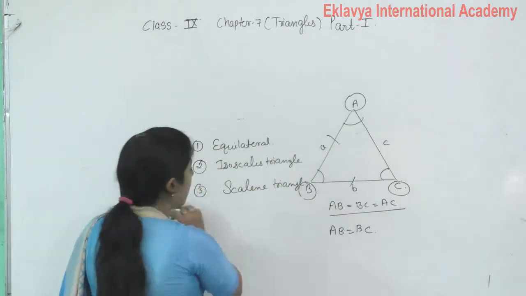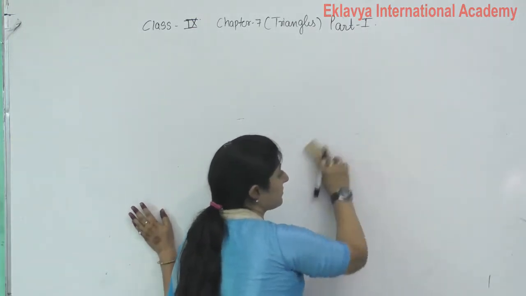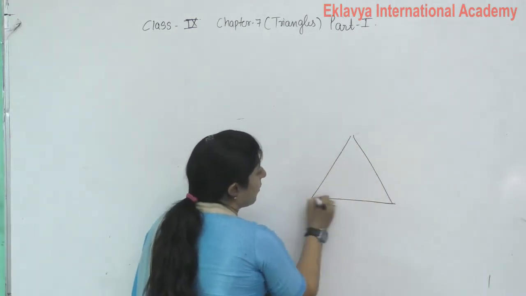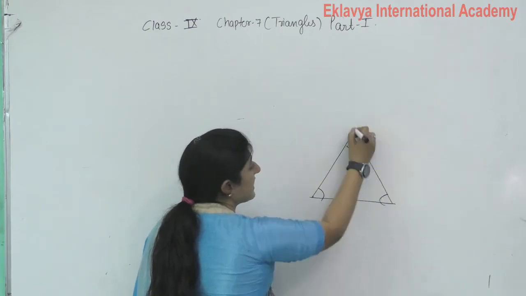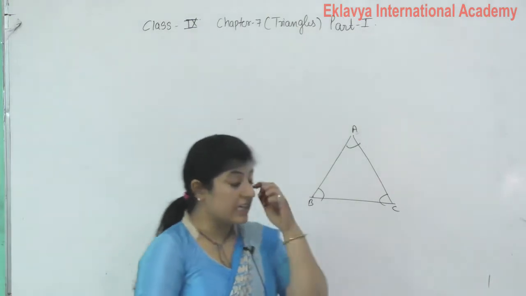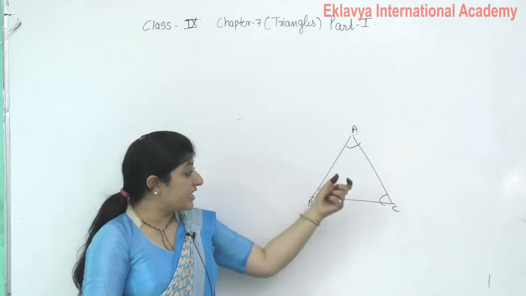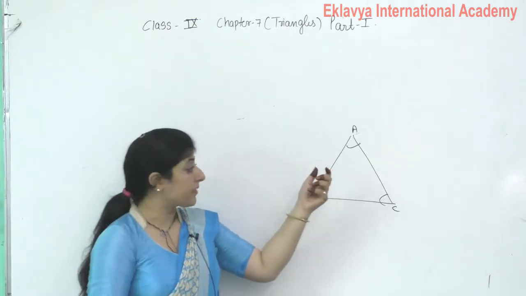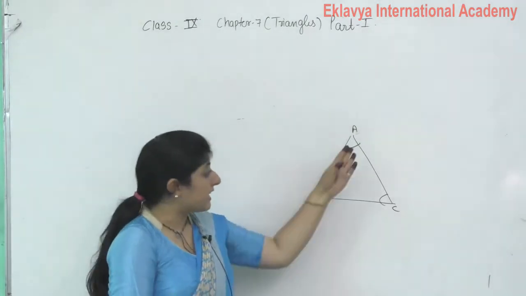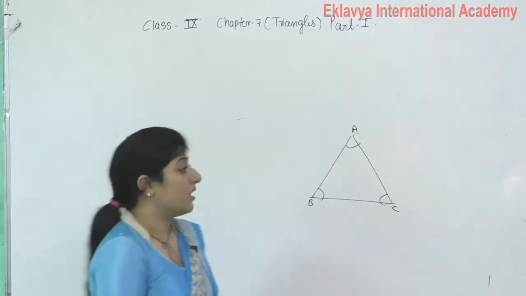According to angle, there are also 3 types of triangle. If all the angles are less than 90 degree, and they also follow the angle sum property of a triangle, then it is an acute triangle.